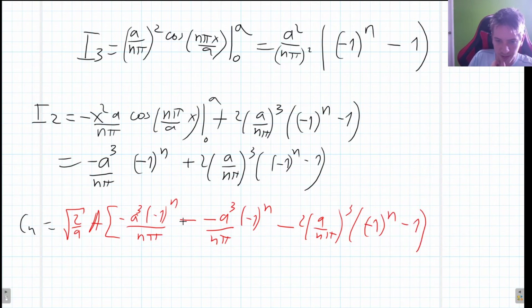Okay, so this minus minus is just going to be a plus. It's going to be positive now. There we go. So what we can see here is that these two terms are just going to cancel each other.